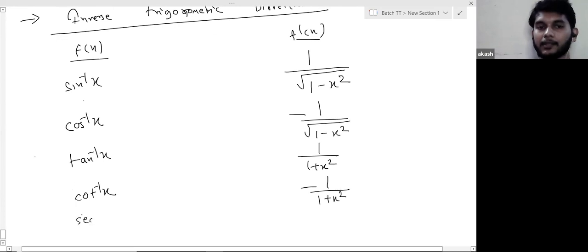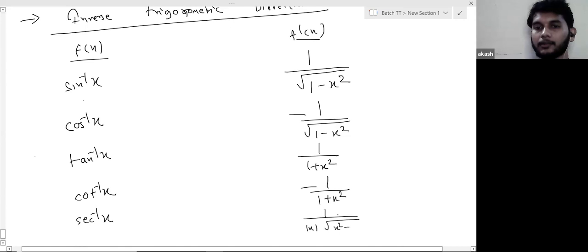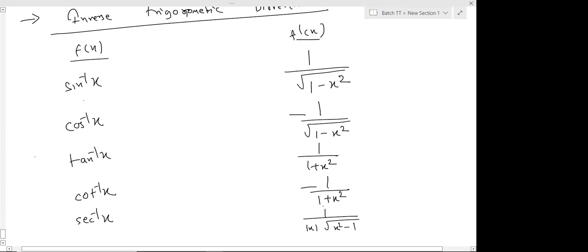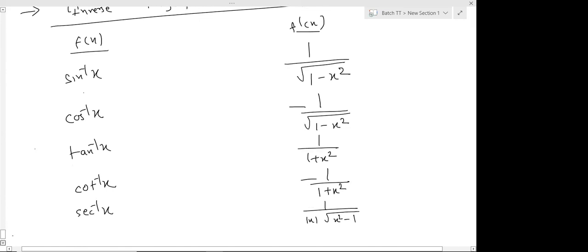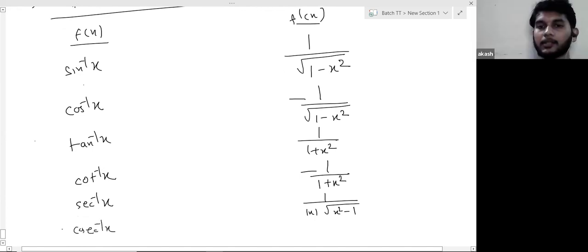If you have sec inverse x, Zed, what is the formula for this? Modulus of x under root x square minus 1, opposite. Right? Okay. So for cosec inverse x, just multiply a negative sign and everything remains the same.